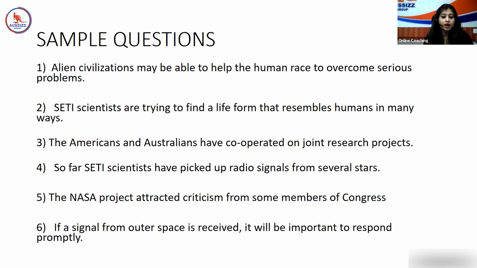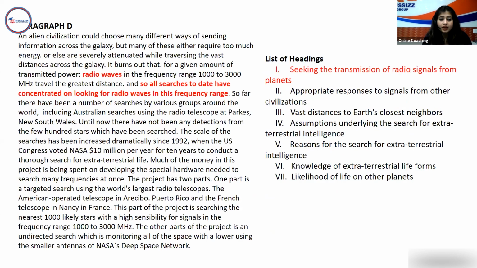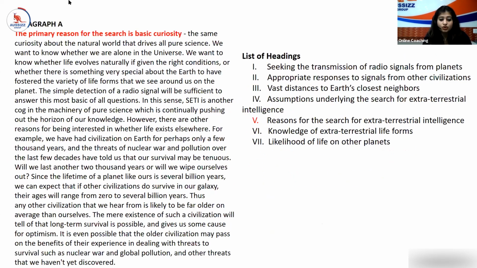Okay. Alien civilizations may be able to help the human race overcome serious problems. Again, let's read this. What is this saying? Alien civilization may be able to help the human race. So here I have a keyword, help the human race, and second thing, serious problems. Now, if you go to the first paragraph, we had read something about the benefit while giving the headings. Let's check whether that matches or not. Okay, let's read this.